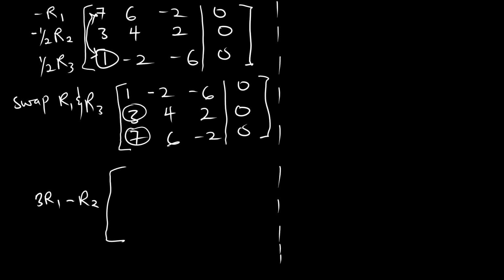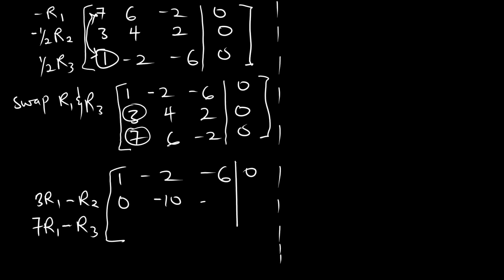On row 3, I'm going to say 7 times row 1 minus row 3. So row 1 is the same, 1, -2, -6, 0. When you perform this on row 2, you get 0, -10, -20, 0. And on row 3, that will be 0, -20, -40, 0.